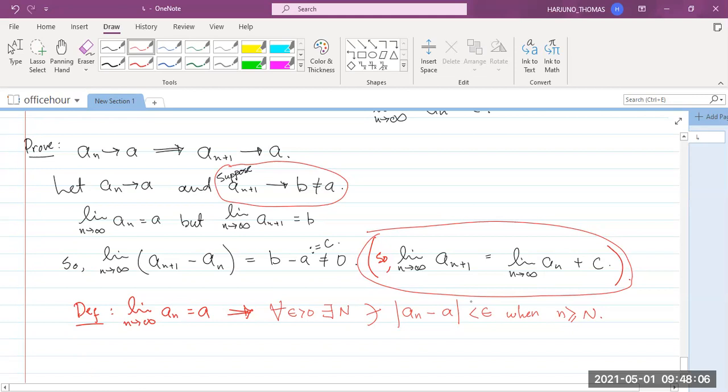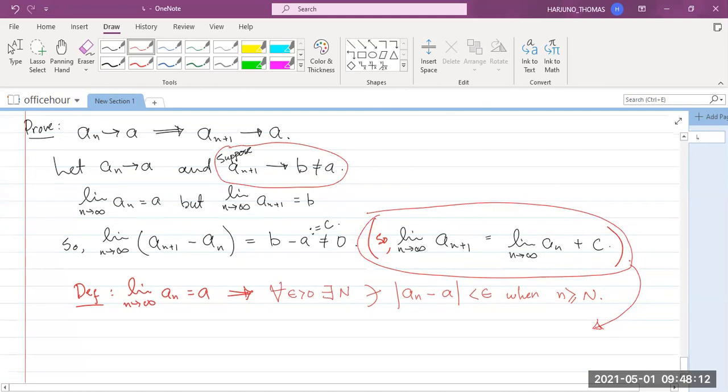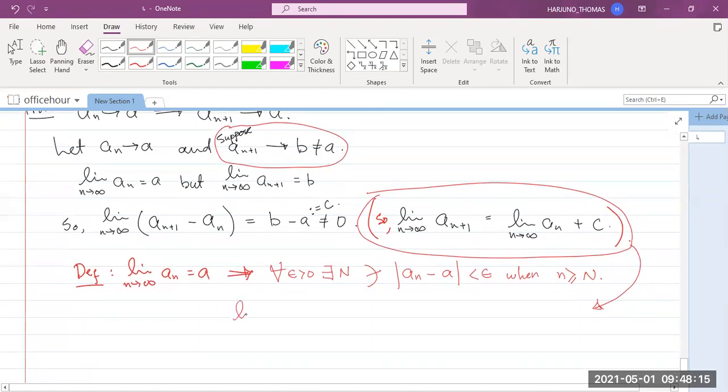Now suppose we have the limit as n goes to infinity of a sub n plus 1 equal to B. Then the distance between a sub n plus 1 and B is less than epsilon whenever n is large enough, call that N2 here.